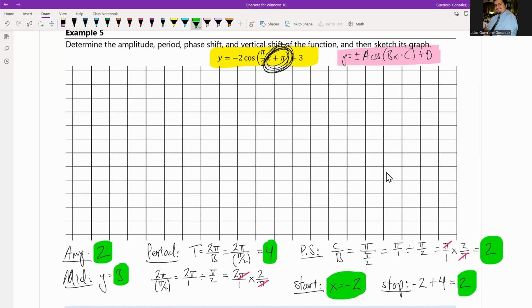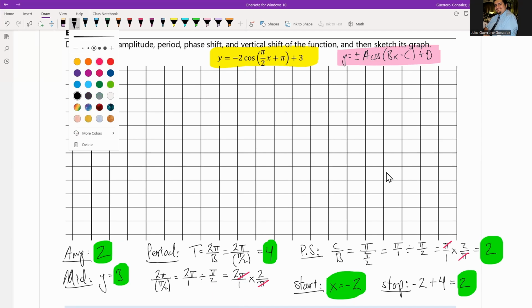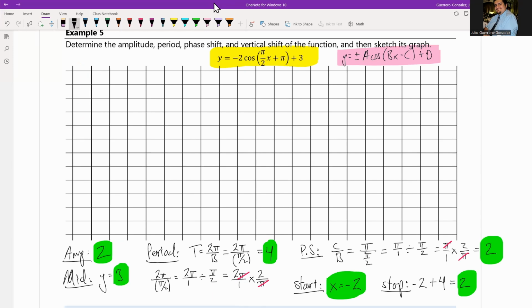So we're getting a little closer now. We have everything in front of us to start the graphing process by hand. So what I'm going to do is move this over a little bit.